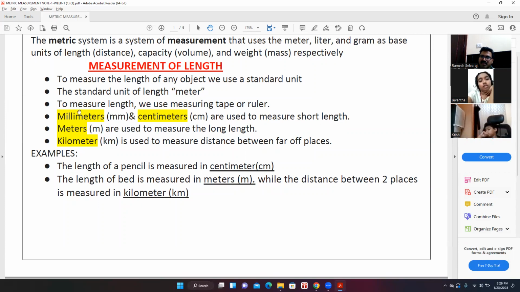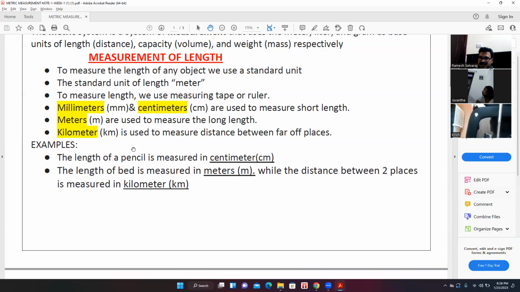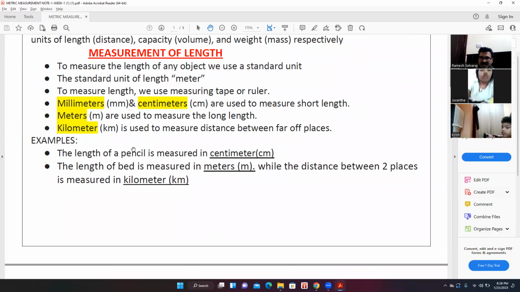So millimeter will be the smallest one. Millimeter will grow into meter. These small babies, they will be measured in millimeter. After that baby grows like you people, then they will be measured in meter. Like I told you.